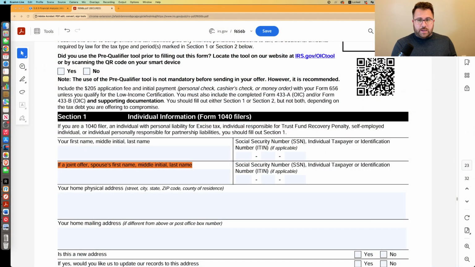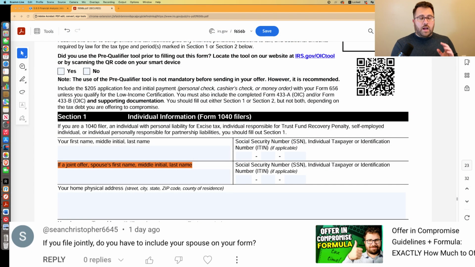There's no reason why a non-liable spouse would make an offer to the government to settle tax debt because they don't have any tax debt. And Sean, I'm assuming here, and maybe I jumped the gun here, that your spouse is not liable for the debt, right? You asked if you file jointly, do you have to include your spouse on your OIC form?